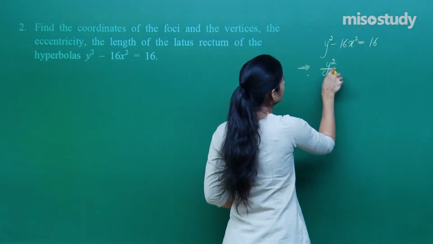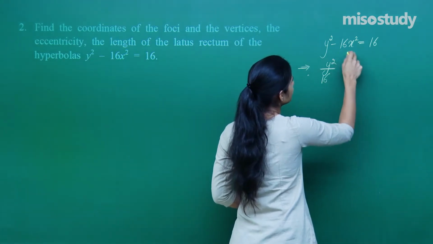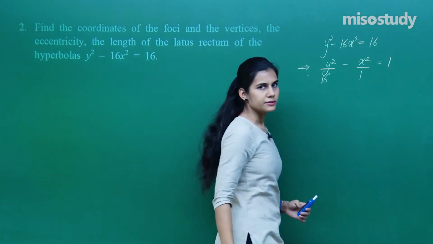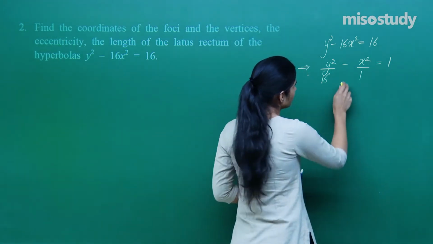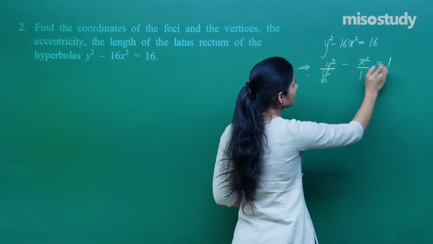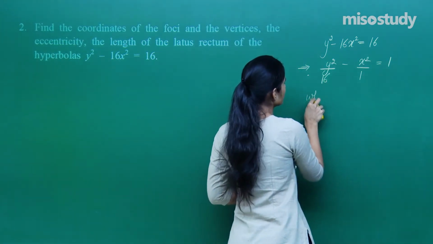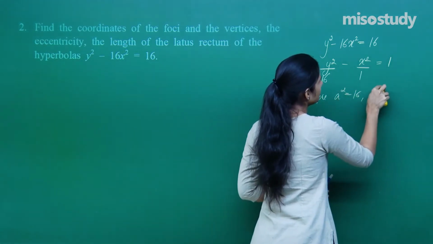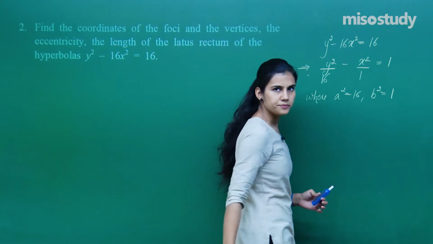You will be getting y square by 16 minus x square by 1 equals 1, which resembles the standard form y square by a square minus x square by b square equals 1, where a square is 16, b square is 1.